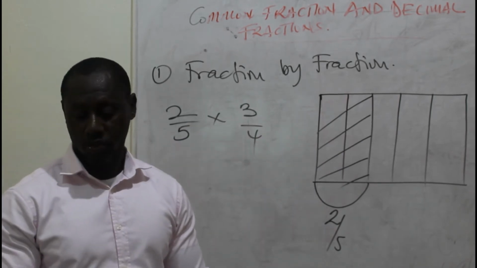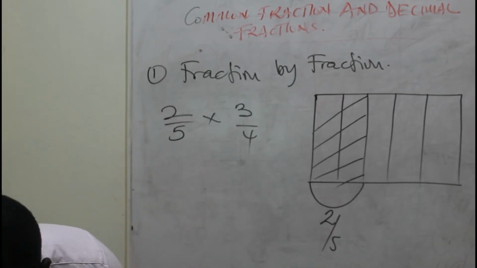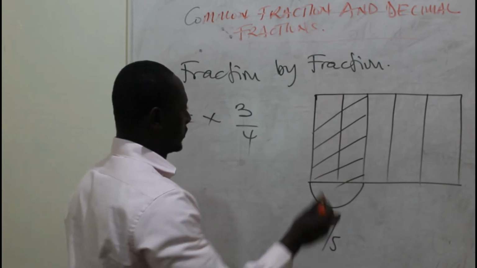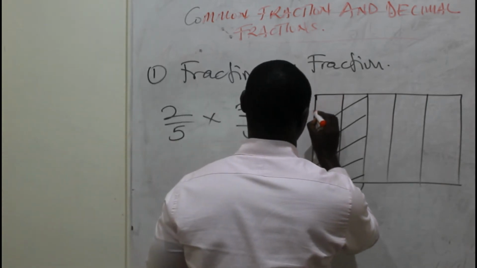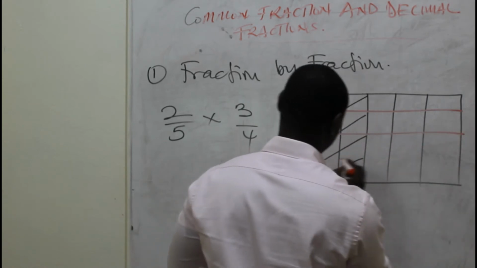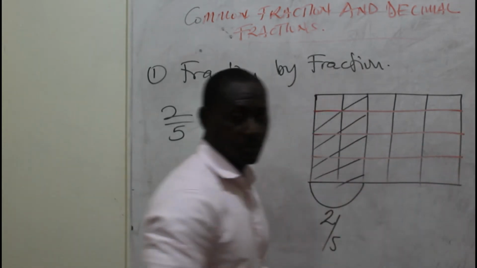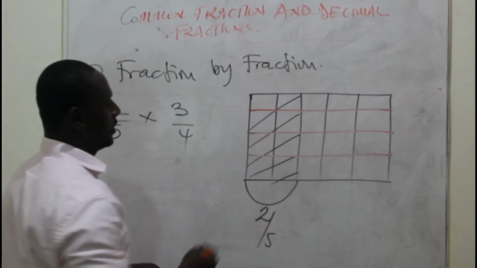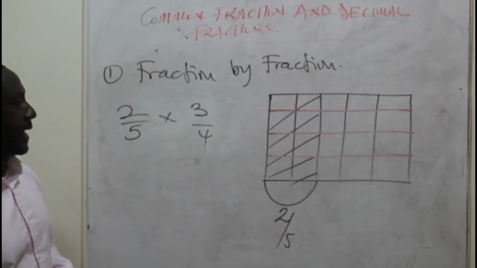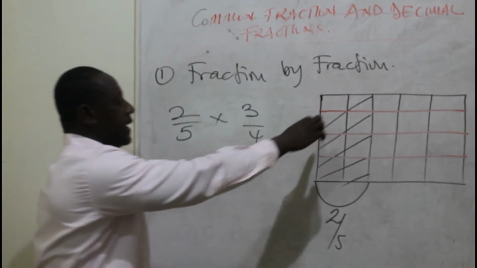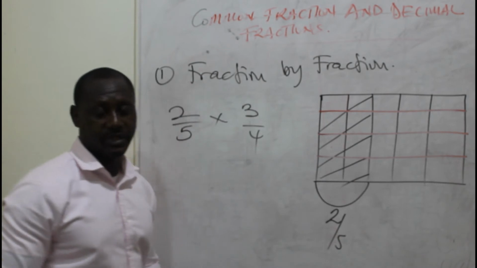Okay. So when we are done with that, diagrammatically we can have it in this way. We are going to have 1, 2, 3, 4 equal divisions. And then we guide them to pick 3 out of these equal divisions.